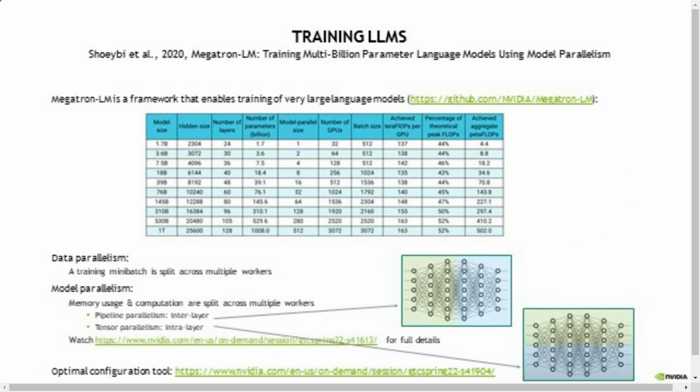And there is also a GitHub associated with it. It contains our Megatron code base, which is capable of efficiently training very large models, taking advantage of these notions of data parallelism and model parallelism.